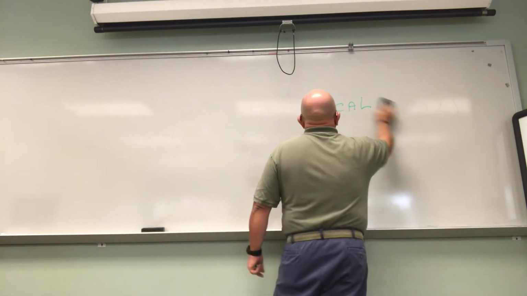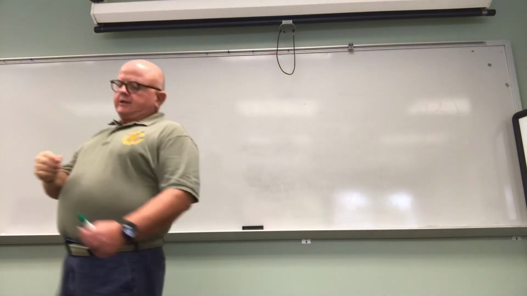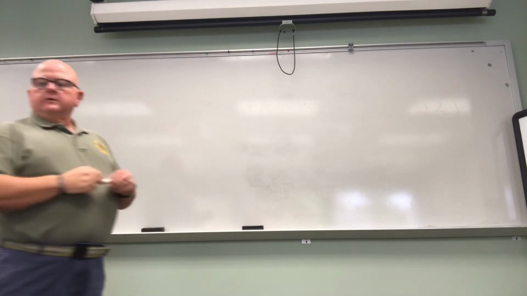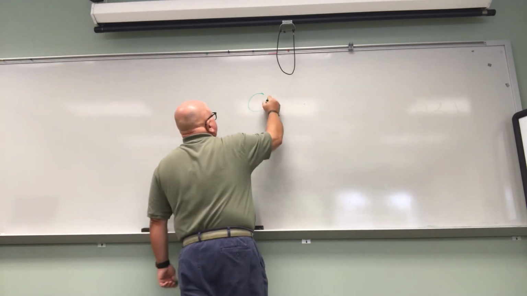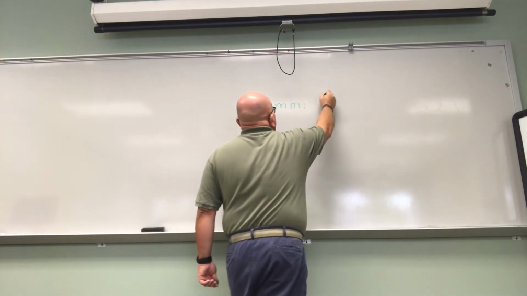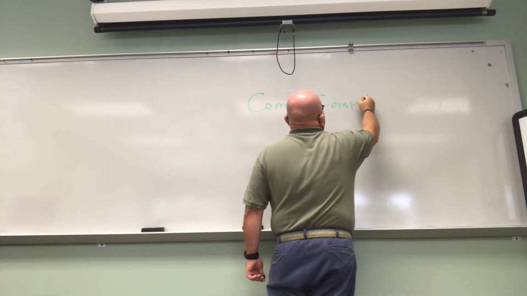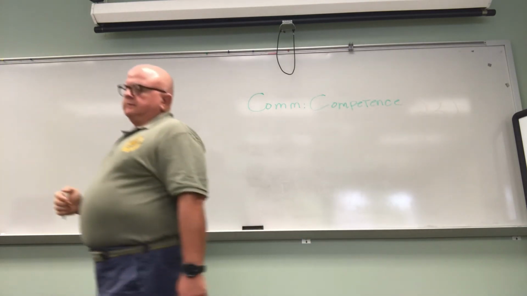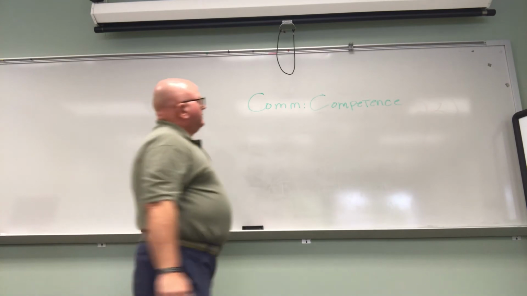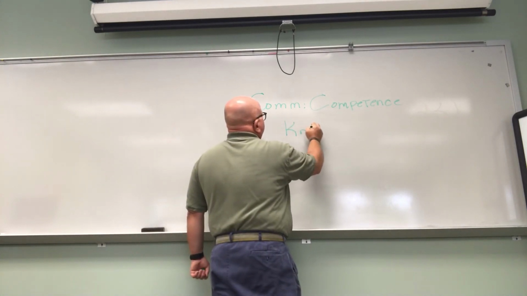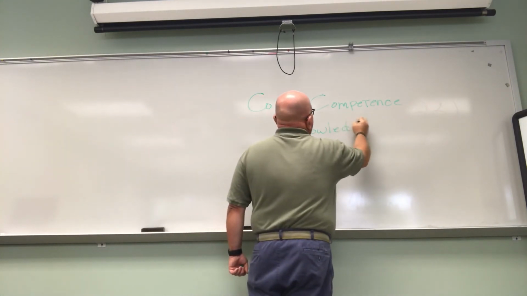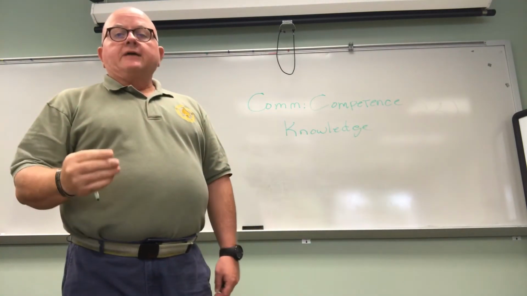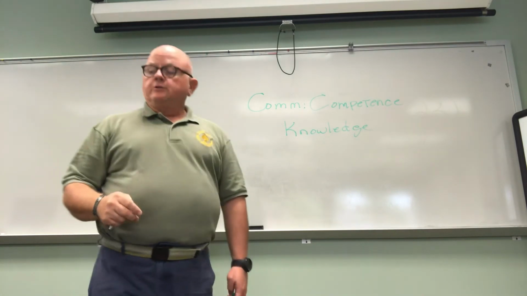All right, closing out here, headed toward the end. So let's talk about one of the things you need to be able to effectively communicate, okay, which is communication competence. You have to have knowledge, not only of communication techniques, but you actually have to have information to communicate.